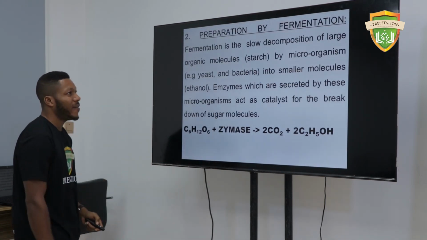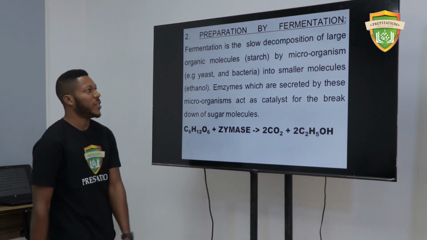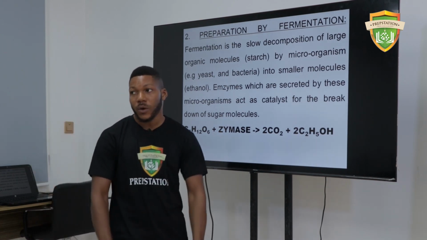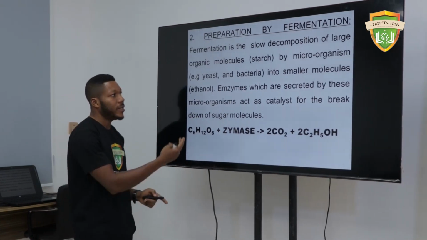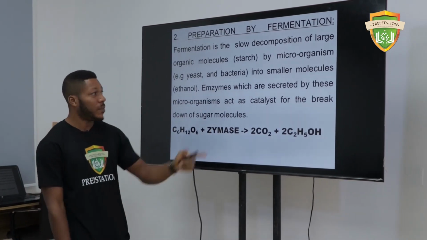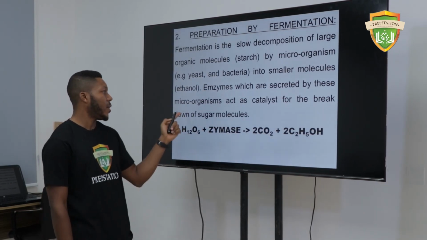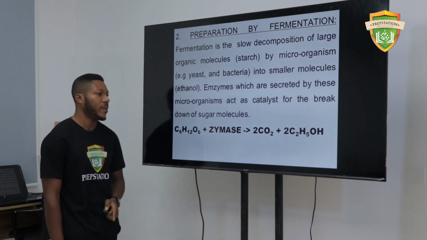The next one is by fermentation. Very simple, by fermentation. So what is fermentation? It is the slow decomposition of large organic molecules, we call them starch, by microorganisms, for example yeast and other bacteria, into smaller molecules, ethanol. Enzymes which are secreted by these organisms act as catalysts for the breakdown of the sugar molecules.